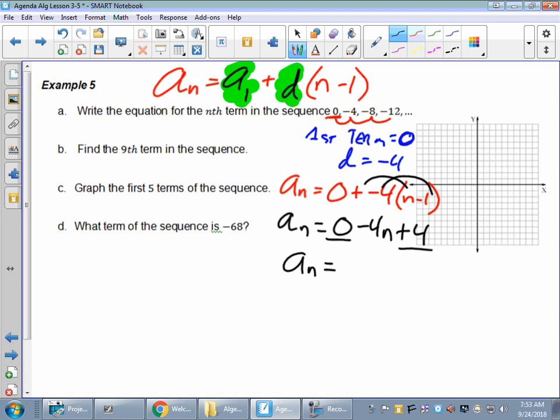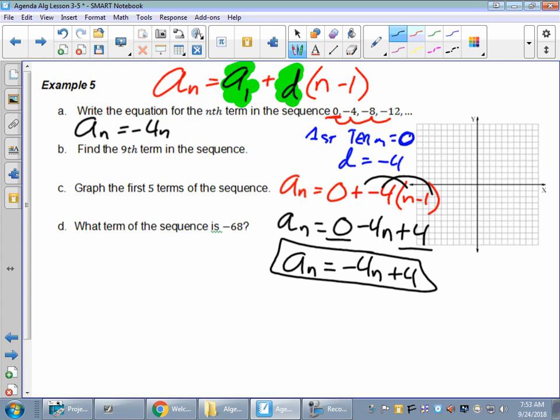So our final equation here would be -4n plus 4. Okay? So we're going to write that up here in our answer. A sub n equals -4n plus 4. So that's our answer to A. We've finished that one up. Okay? So that's part A right here.